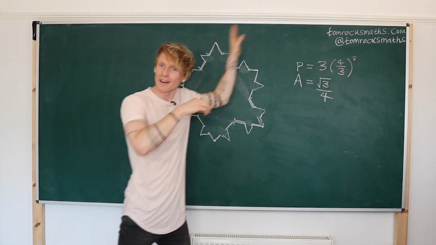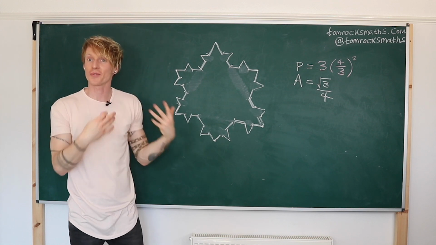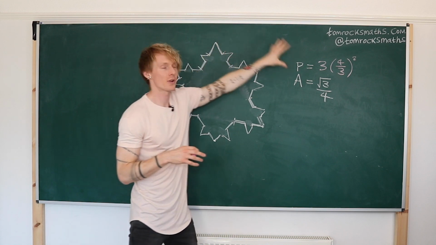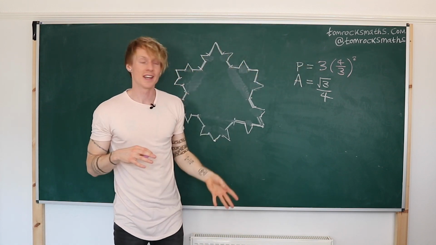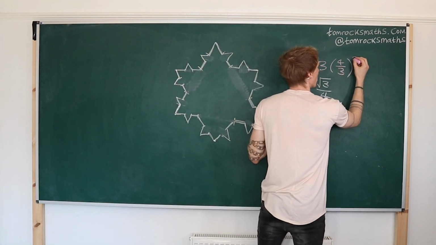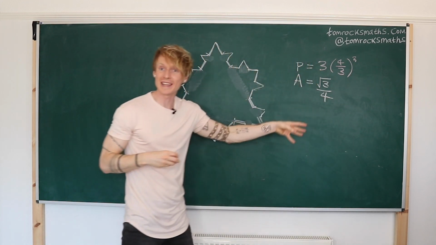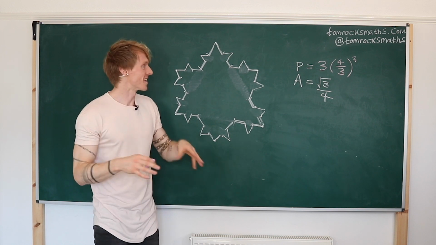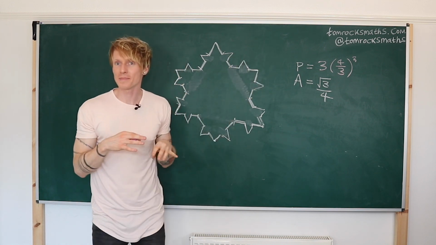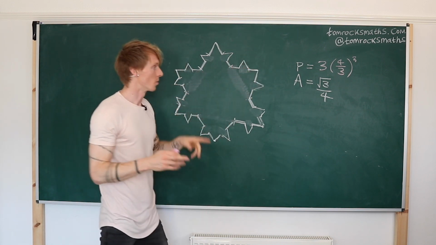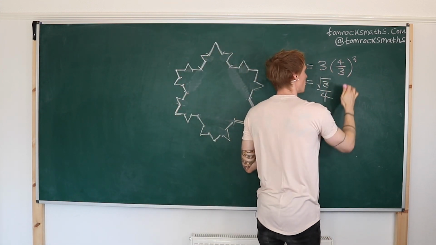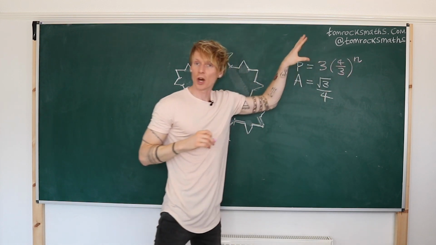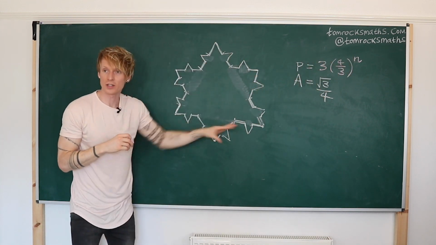If I went forwards and did the iteration 3, then I would get a more complicated shape. We multiply the old perimeter by 4/3, and we'd get 4/3 to the power 3 after 3 iterations. So hopefully you can now see that if I were to do this n times, the total perimeter will be equal to 3 times 4/3 to the power of n, where n is the total number of iterations of our 3 rules.